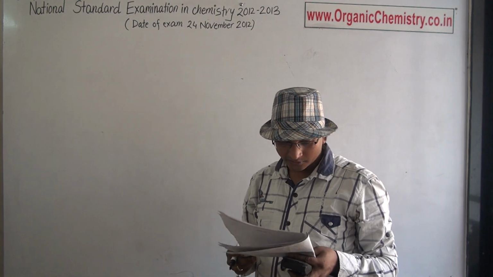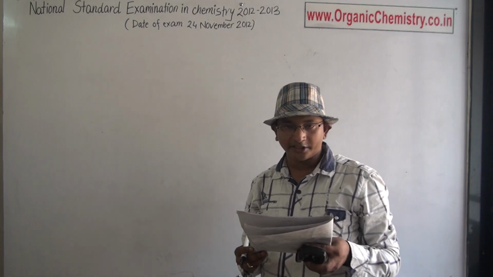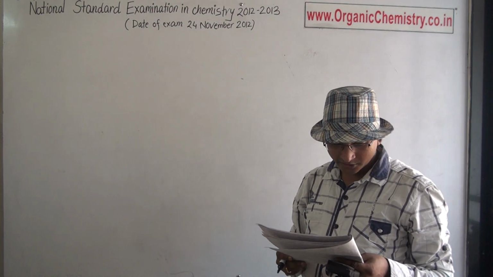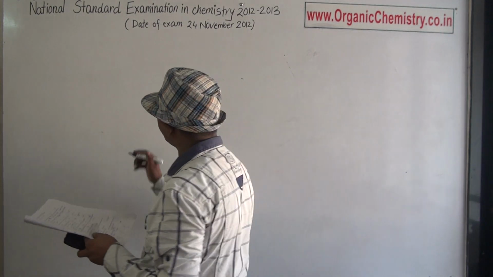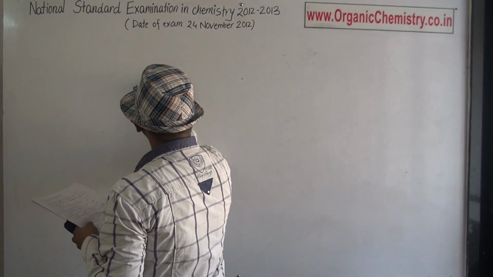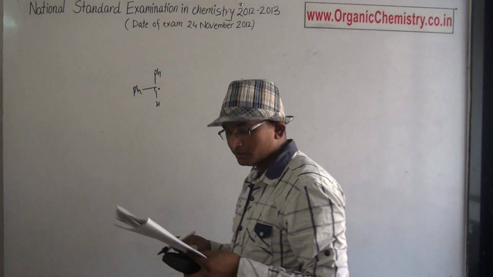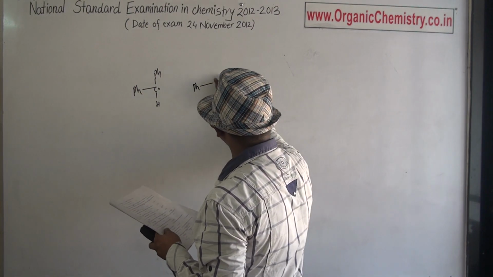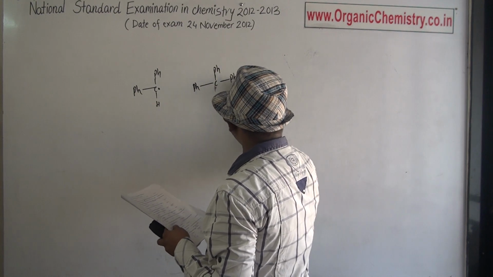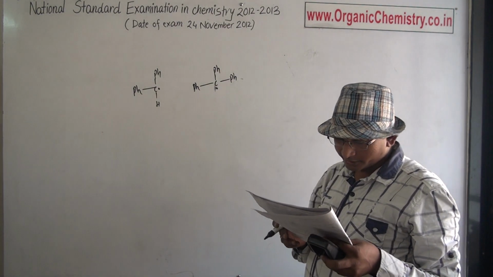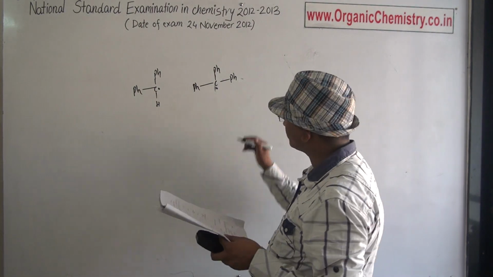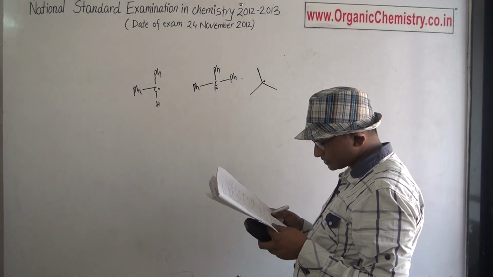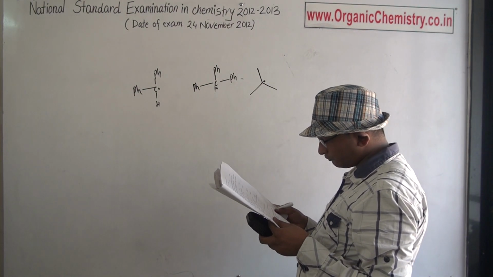Next, the most stable free radical which can be isolated. The options: diphenyl methyl radical; trityl radical, simply triphenyl radical, it is called trityl radical; third, tertiary butyl radical; and last is 2,4,6 tri-tertiary butyl phenoxy radical.